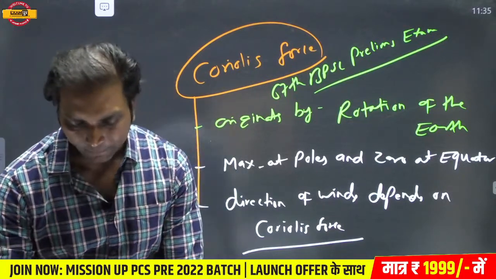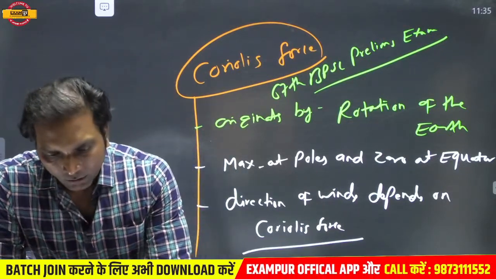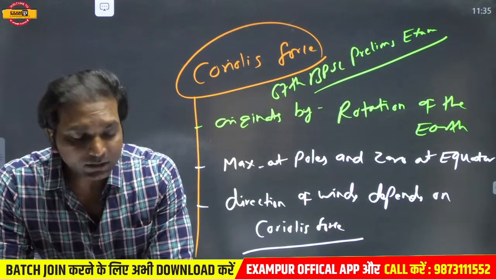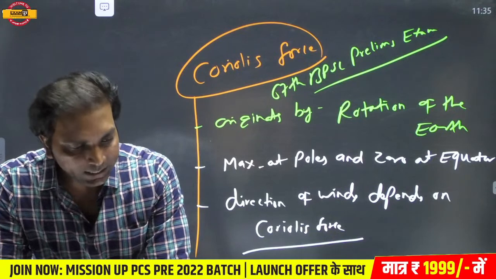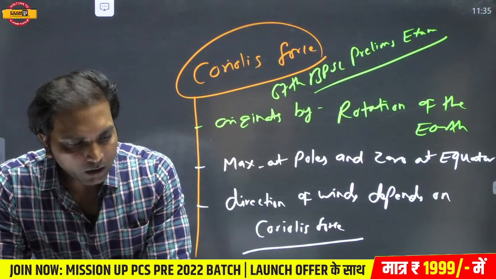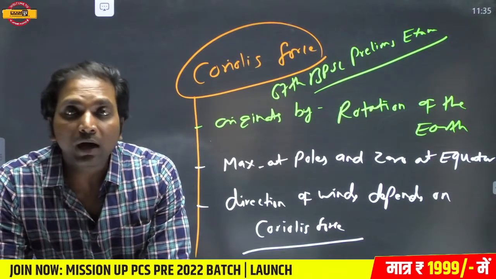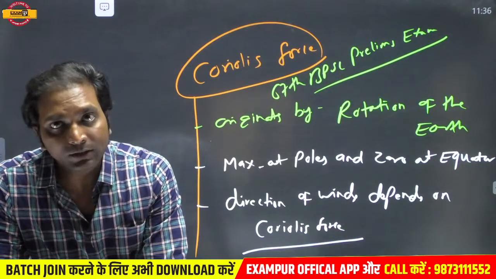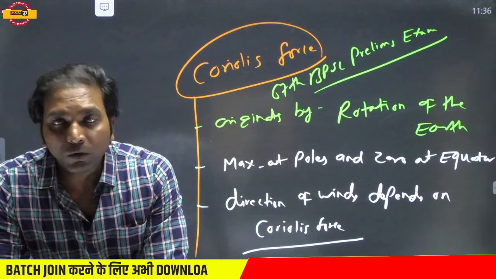Is it clear or not? So this is all about the Coriolis force or deflection force, how it originates, and how it has an impact over the permanent winds or moving winds.